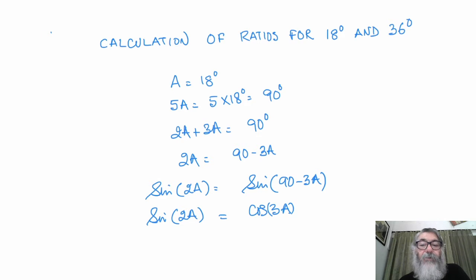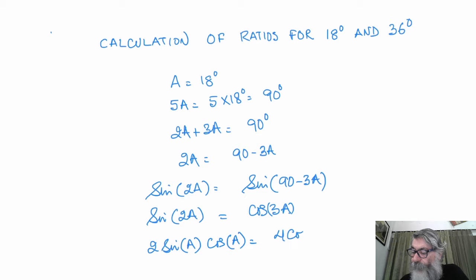And what is the value of cos 3A? What is the formula for sine 2A? 2 sin A cos A. And what is the formula for cos 3A? Cos 3A I can write as 4 cos cube A minus 3 cos A. Yes, that is the formula.